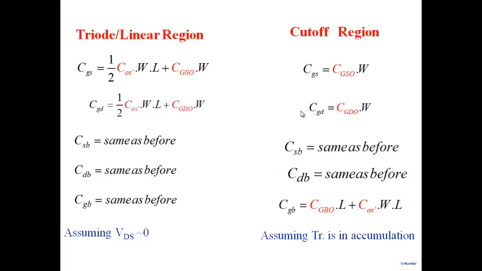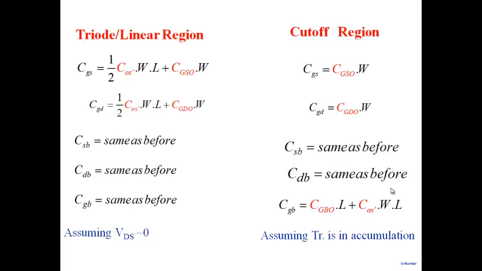We just talked about expressions in saturation region. Now these are expressions for linear region here, CGS, CSB, and all that in linear region. This is in the subthreshold or cutoff region here. It tells you how to calculate the capacitances in the subthreshold region. But we will not bias a transistor either in cutoff or in linear or triode region.